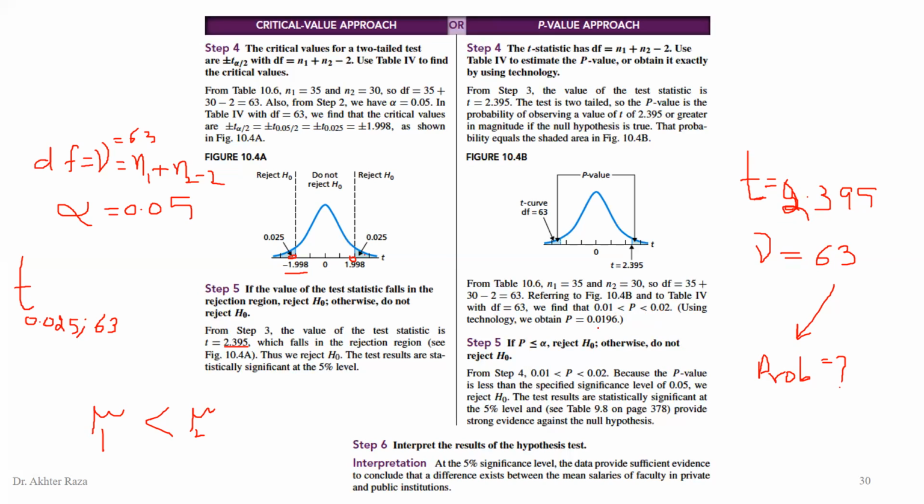If we are obtaining this p-value from the software, it is provided as 0.0196. If the p-value is smaller than alpha, we have to reject the null hypothesis.